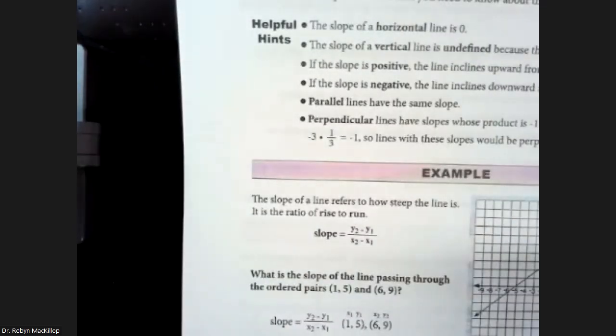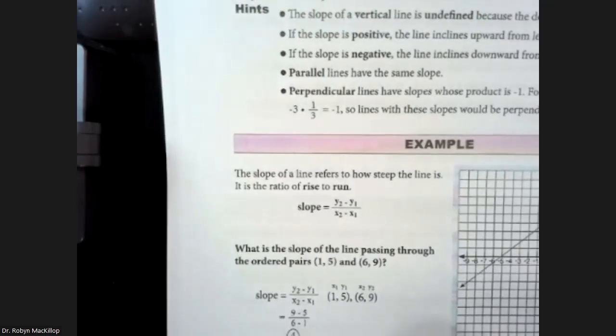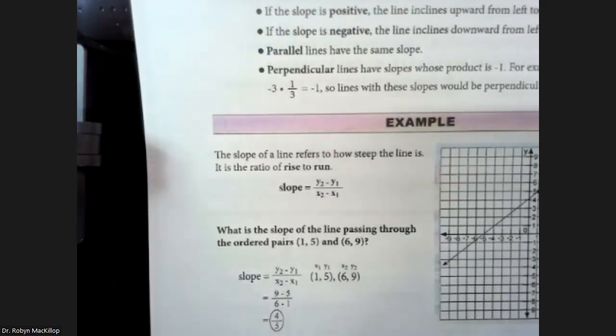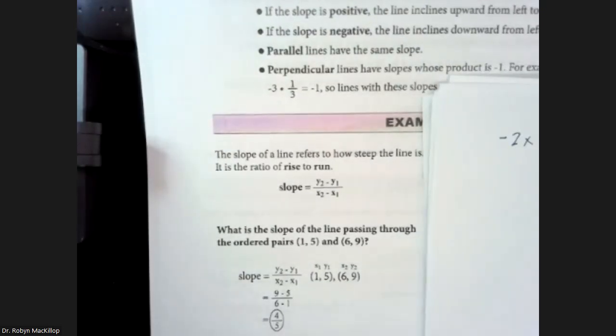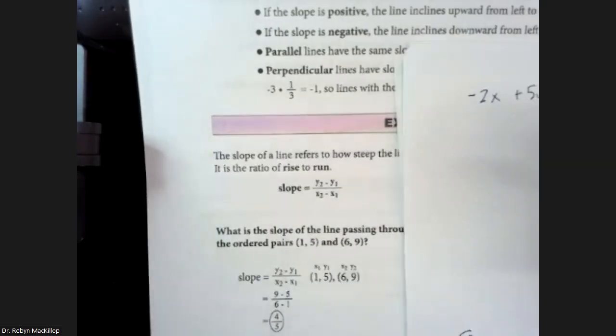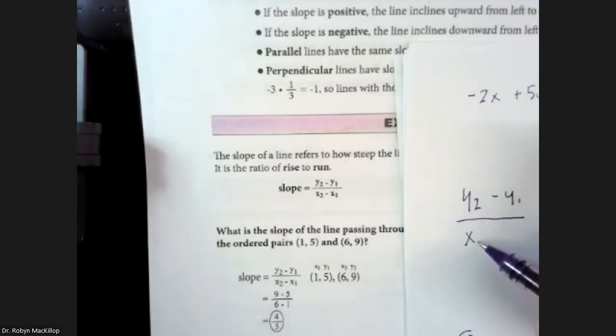All right, I'm going to teach you the slope formula. This is what you use if you've got 2 sets of ordered pair. So I'm going to write this down. It is y2 minus y1 over x2 minus x1.